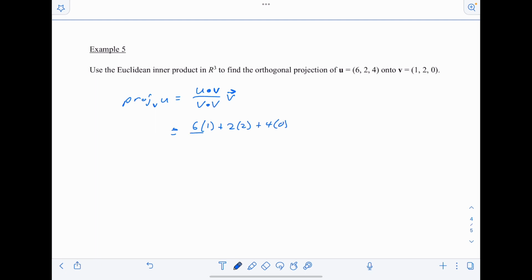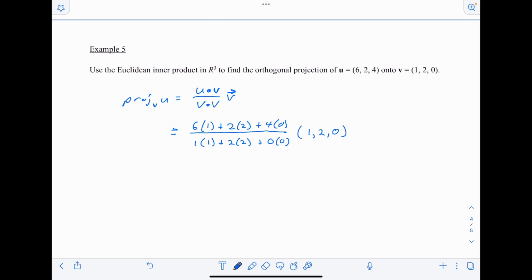In the denominator, using V dot V, we have 1 times 1 plus 2 times 2 plus 0 times 0. And we're multiplying that scalar by vector V, (1, 2, 0).